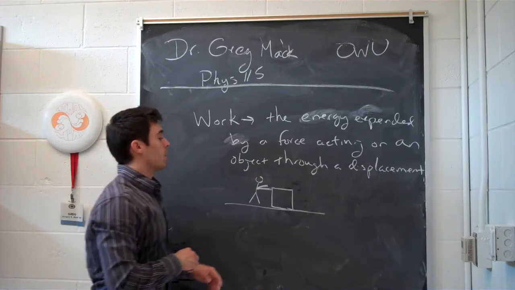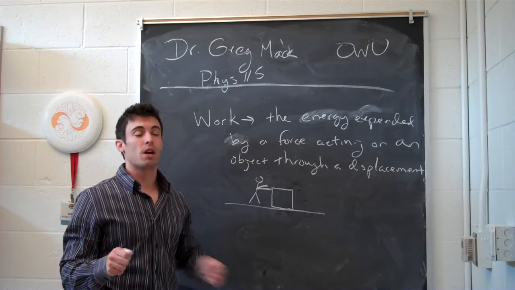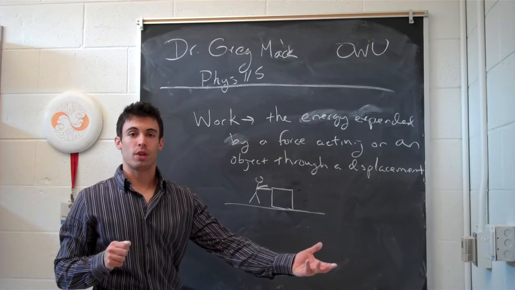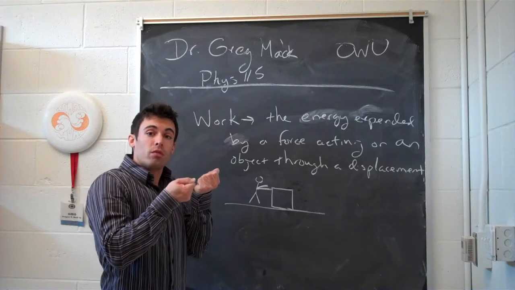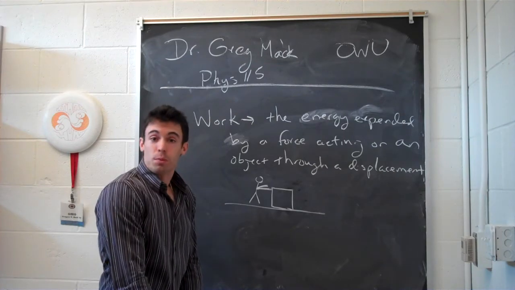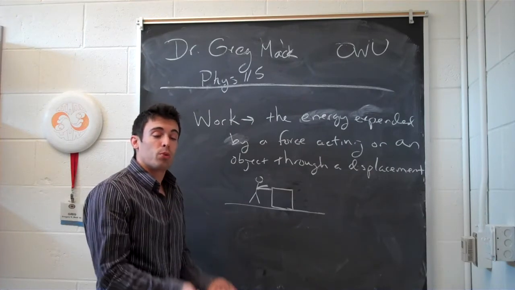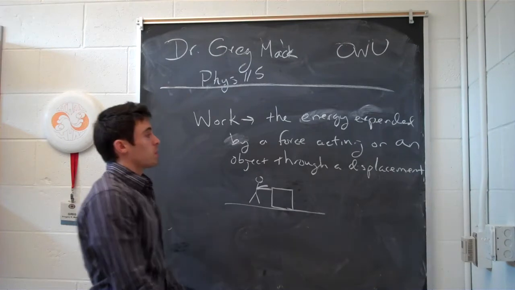And if you lift it up and then put it back down, no work has been done because your delta y is 0 through that time span. If you lift it up, you've done work on it. And if you put it down, work has been done on it. The work you do going up is positive. The work you do putting it down is actually negative, because the force and the displacement are in different directions.